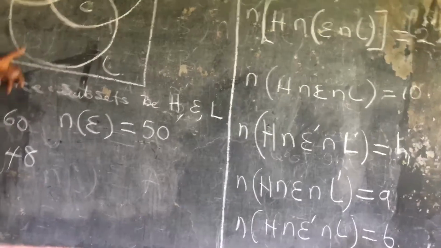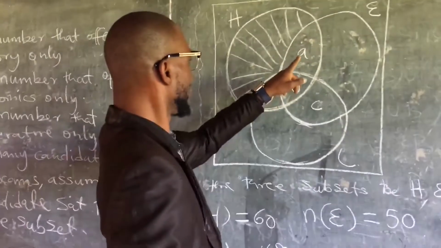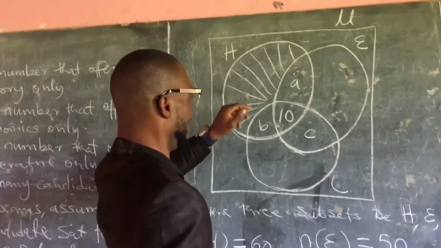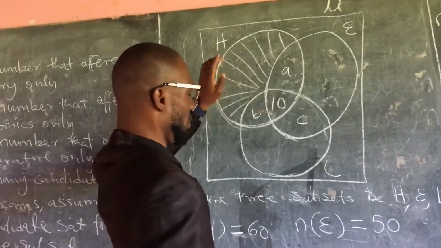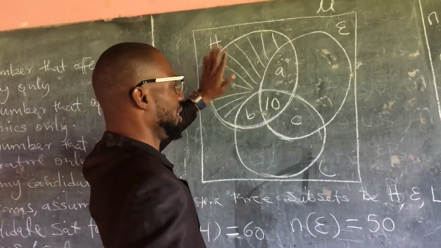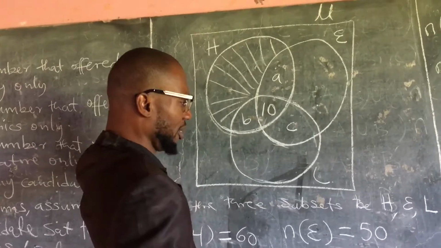So now we know what B is, we know what A is, and then we know this one. Now we can get it, abi?